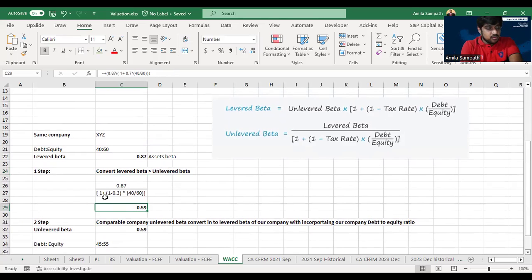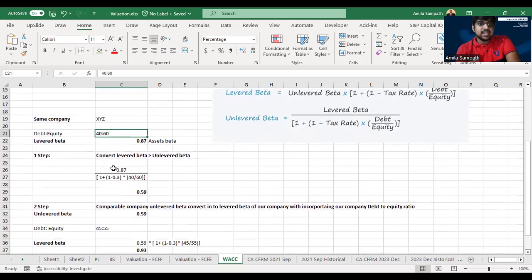Here, our company is ABC PLC, and we identify the comparable company for ours as XYZ. XYZ's levered beta is 0.87, and the debt to equity ratio is 40 to 60. Then I convert this 0.87 into the unlevered beta. Here you can see it as 0.59. That means if XYZ were 100% financed from equity, their beta should be 0.59.